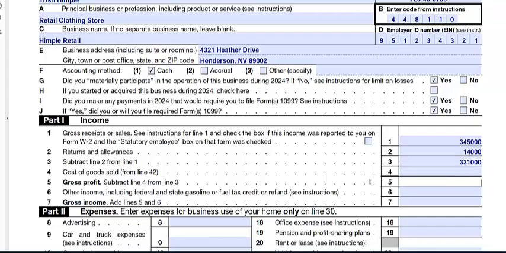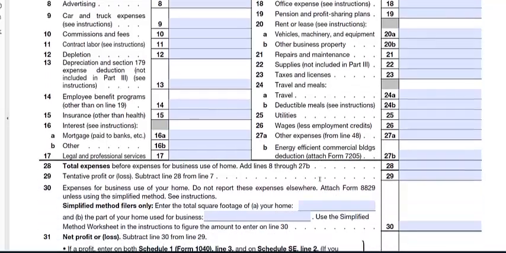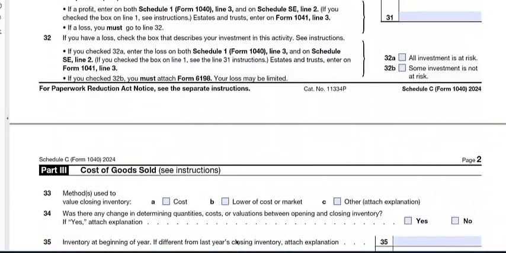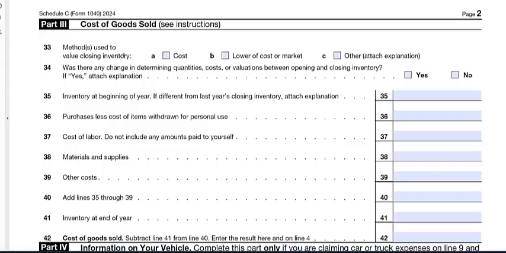Now we need to calculate the cost of goods sold, and we have to do that over on page 2, starting in part 3. The method of inventory we're going to mark as cost, and there was no change in determining the inventory valuation.